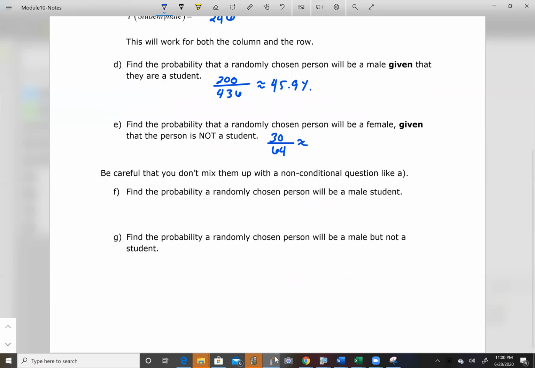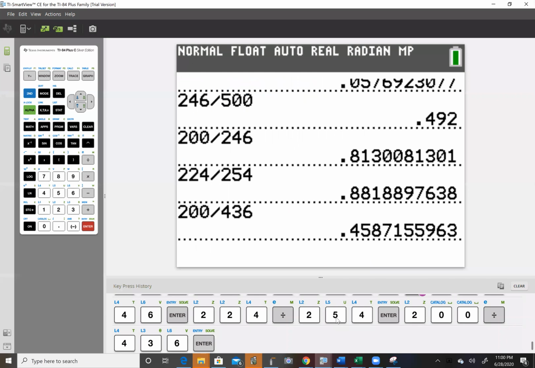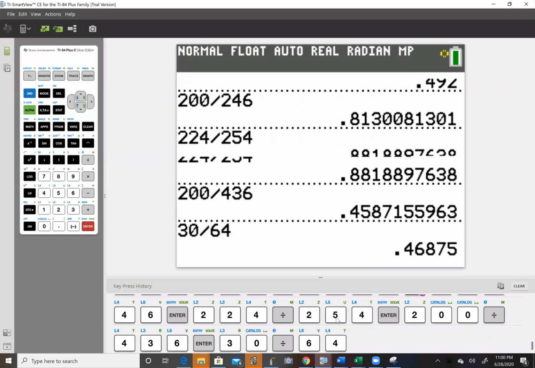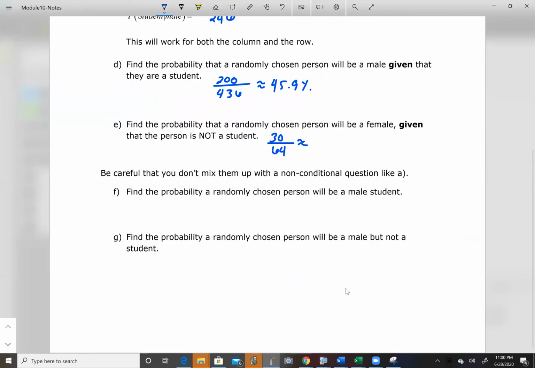Okay, so less than 50%, 46.9%. Okay. And it just says be careful you don't mix them up with the non-conditional questions like A.